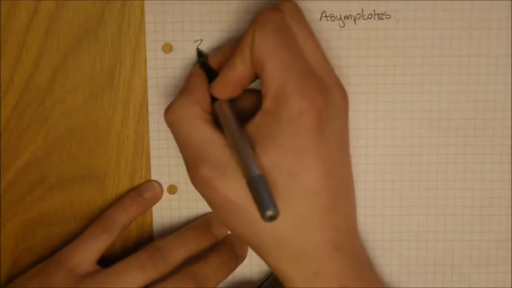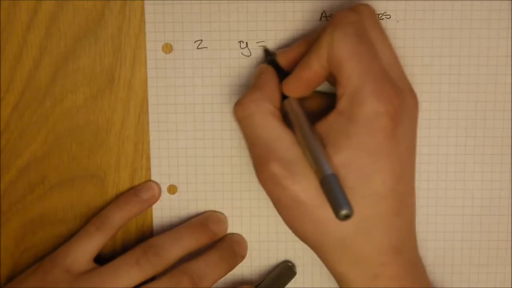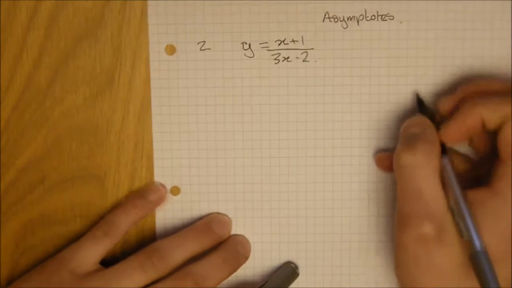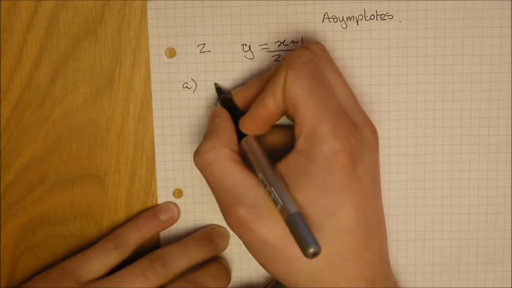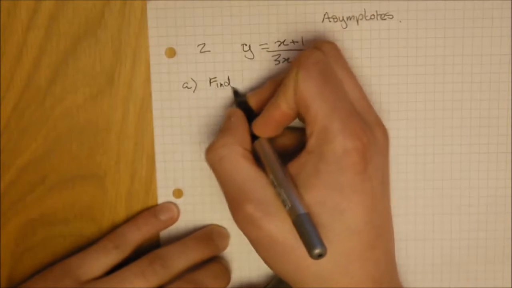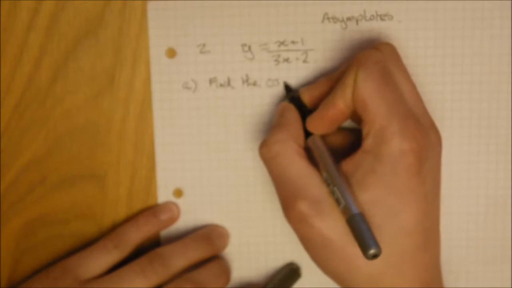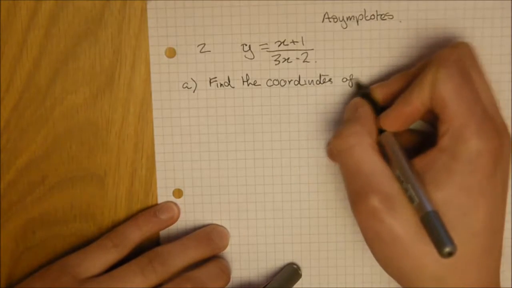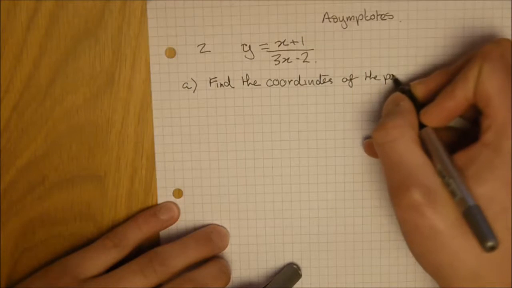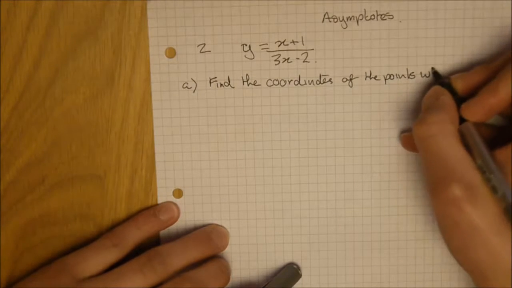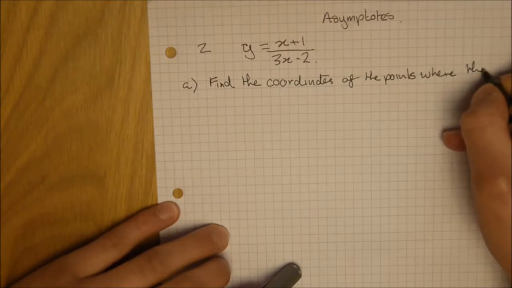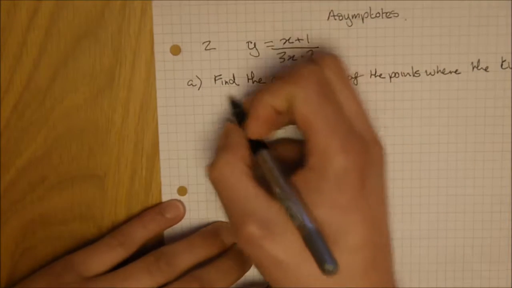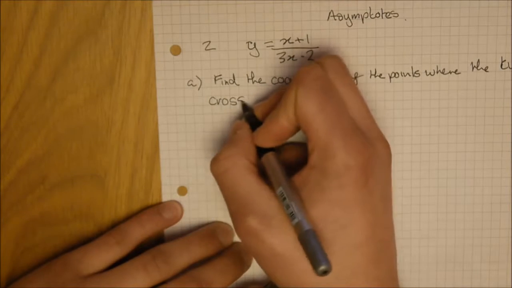We're going to take a question which is y equals (x plus 1) over (3x minus 2). And the first part we're going to do is find the coordinates where the curve crosses the coordinate axes.